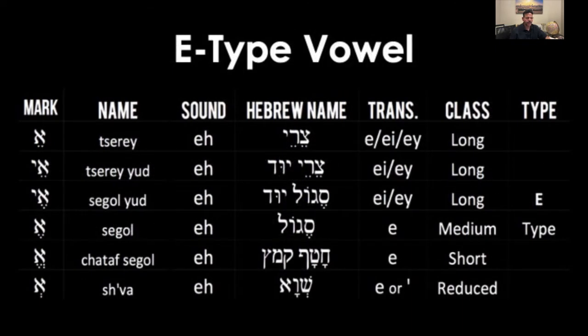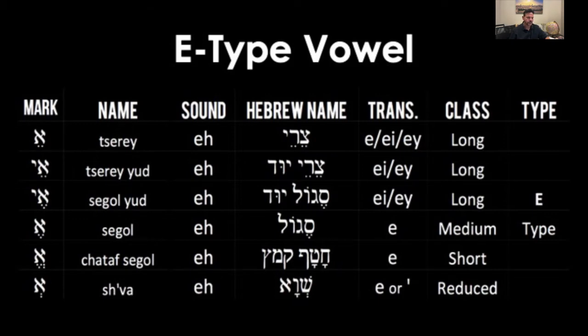Multiple dots are going to remind us of eggs for the E sound, so the E vowel is pronounced eh. So tsere, tsere yud, and sagol yud would be long. Sagol by itself, three dots in a downward triangle, would be medium, and chataf sagol would be short, and even one more form called shva.